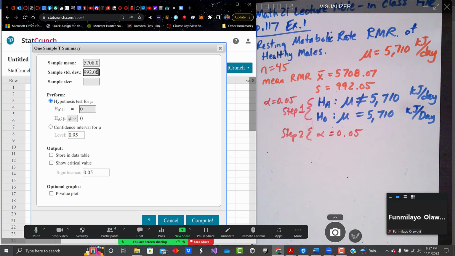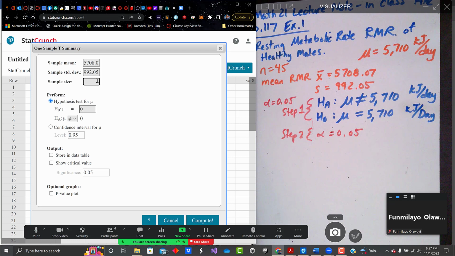992.05. And the sample size was given at 45. 45 is bigger than 30, so we don't need to worry about anything. N is large enough that the sample distribution is normally distributed. We are doing a hypothesis test, so we're going to leave it clicked on hypothesis test.